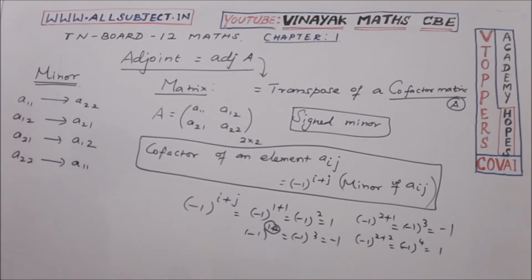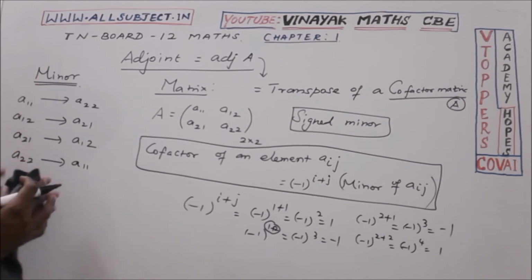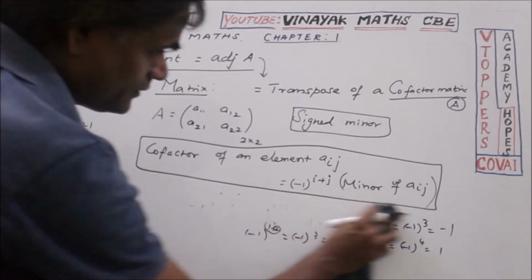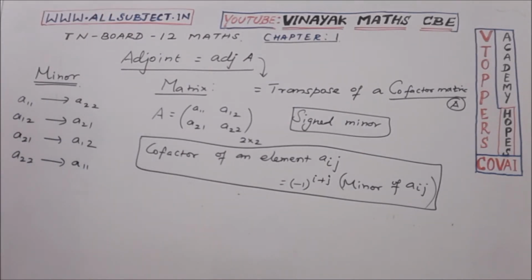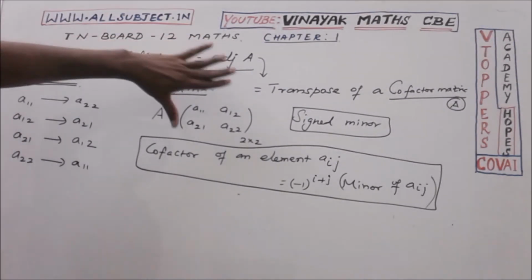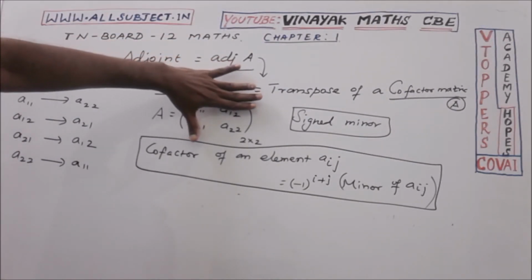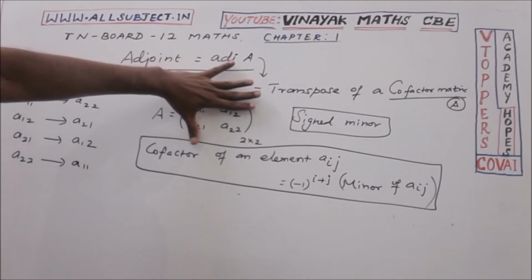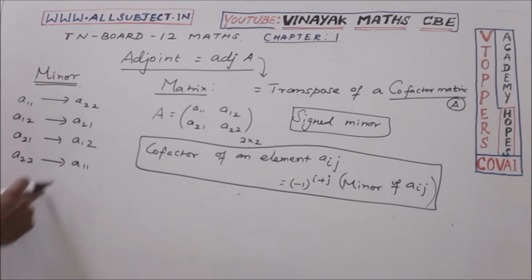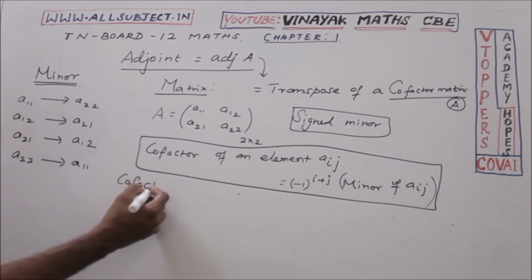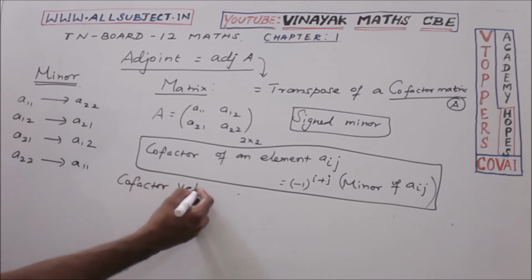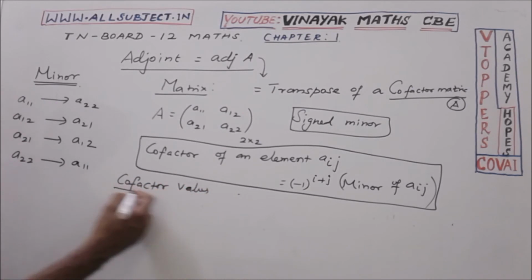Now you can calculate the cofactor of these values. We have already found the minor values. To find the minor value of an element, just eliminate the row and column in which the element is present and write the remaining element. We have written the minor values here. Now we are moving to the cofactor values. Cofactor is nothing but the signed minor.